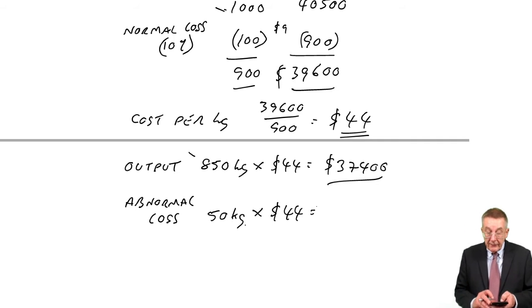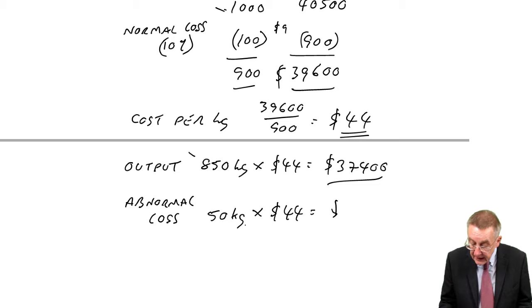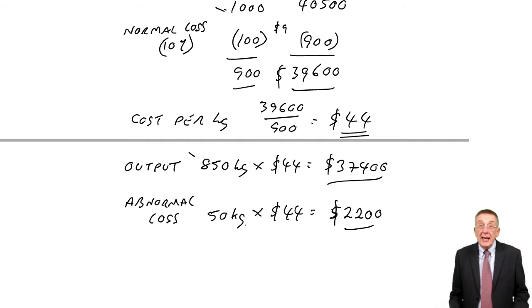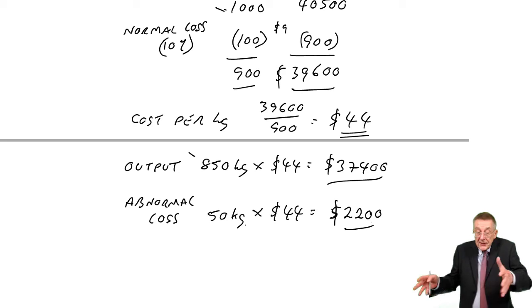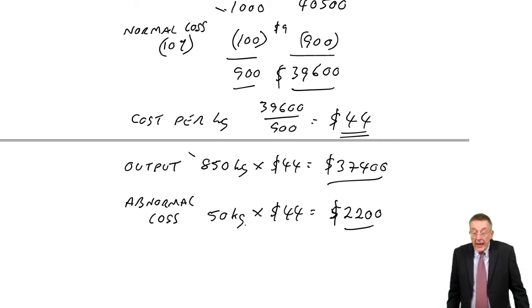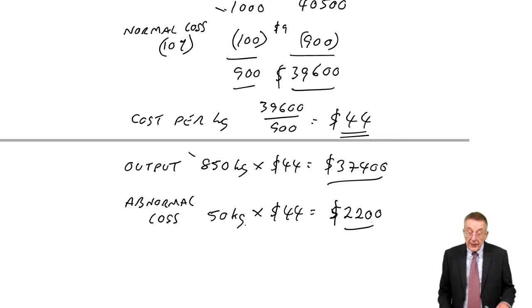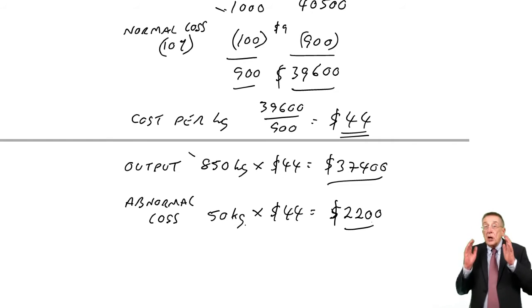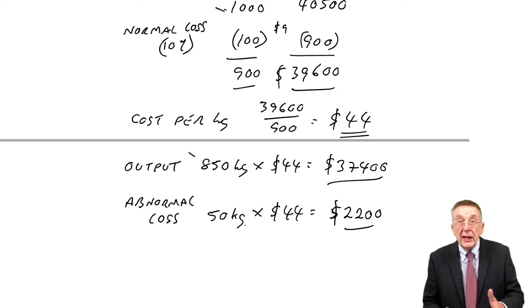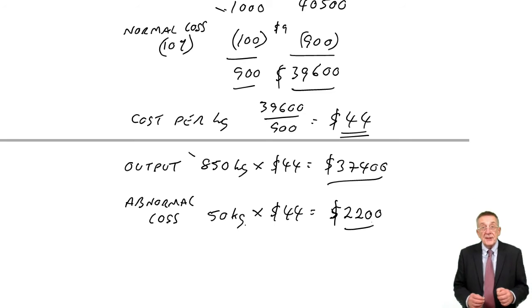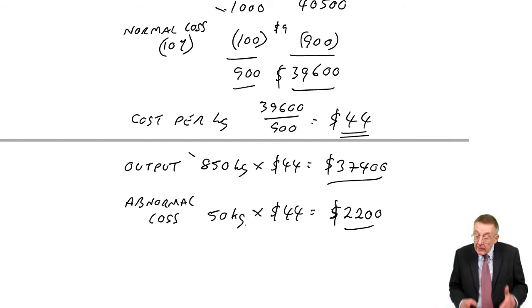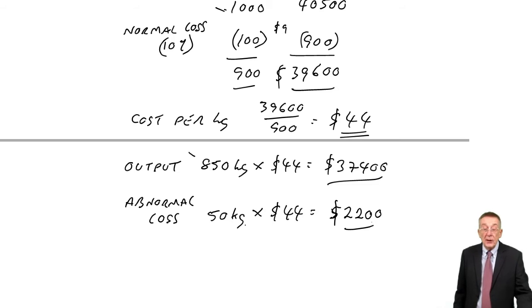So the value of the abnormal loss is 2,200, because those 50 kilos, we should have had them available as full production and be able to sell them. We did lose some extra this time, but we value them at the full cost per unit. The cost per unit is calculated bringing in the normal losses. Any abnormal ones are valued at full cost.